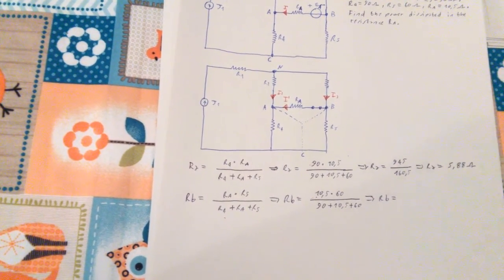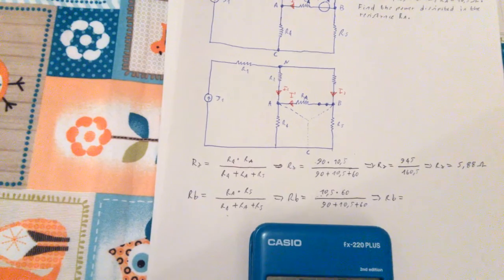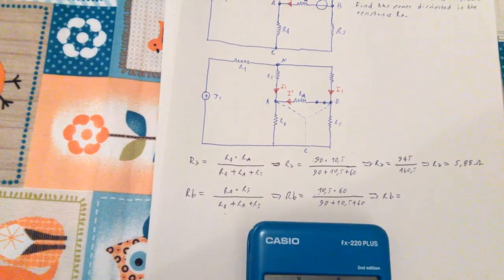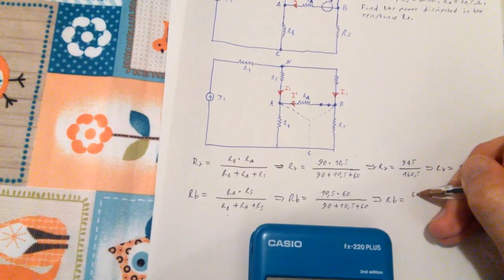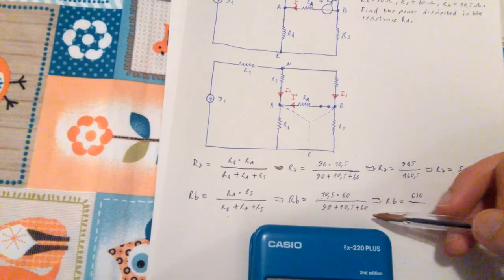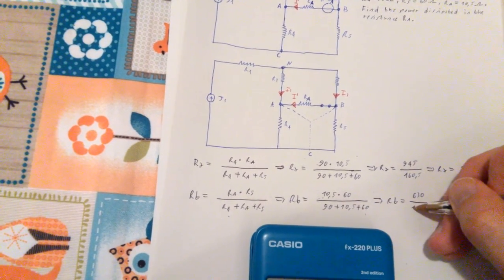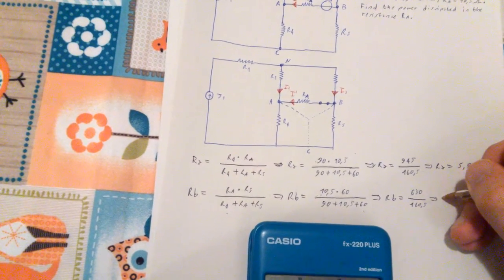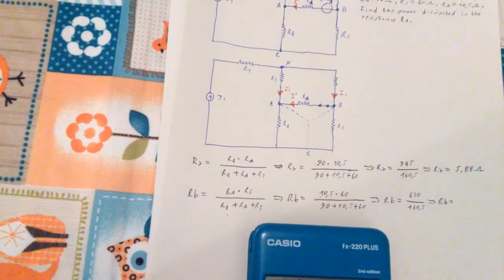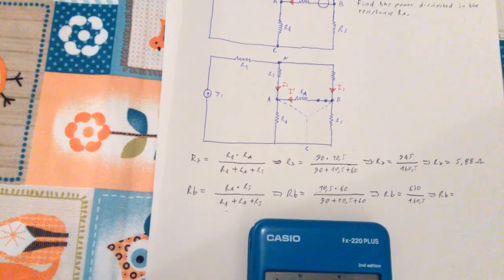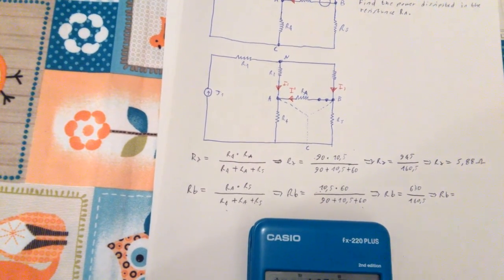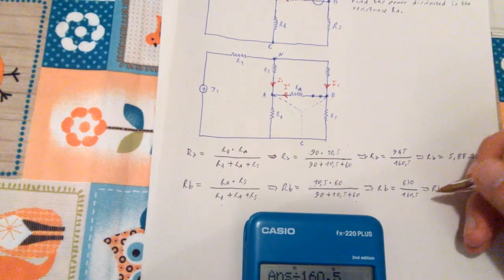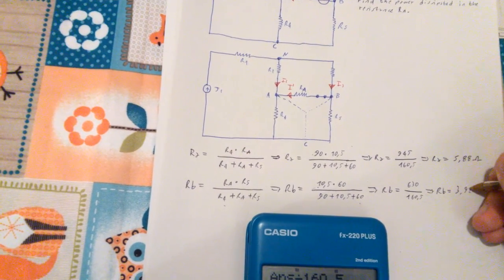So RB will be 10.5 times 60, 630. This one down here, we know that it's going to be 160.5 because we have done this before. So RB is 630 over 160.5, which is 3.92 ohms.